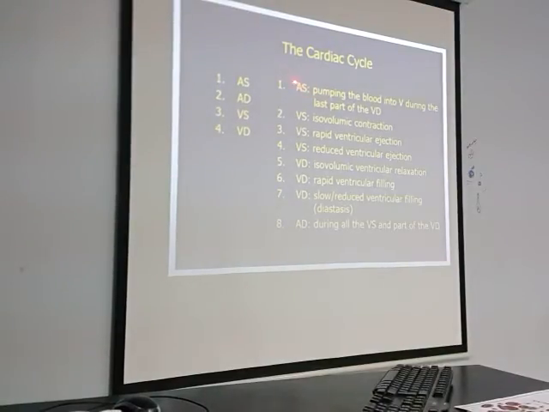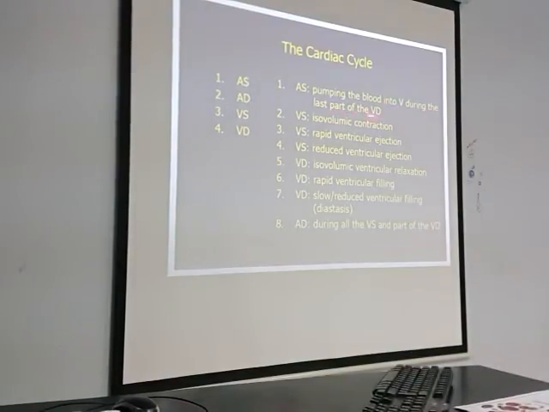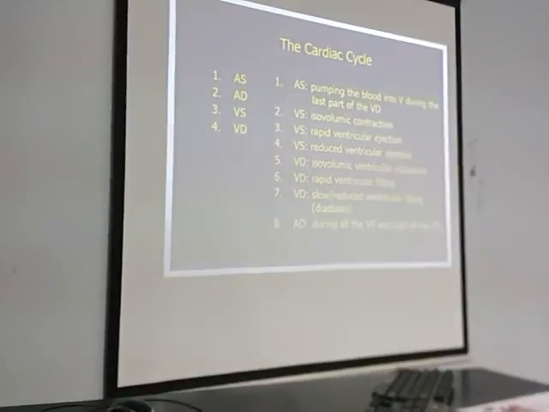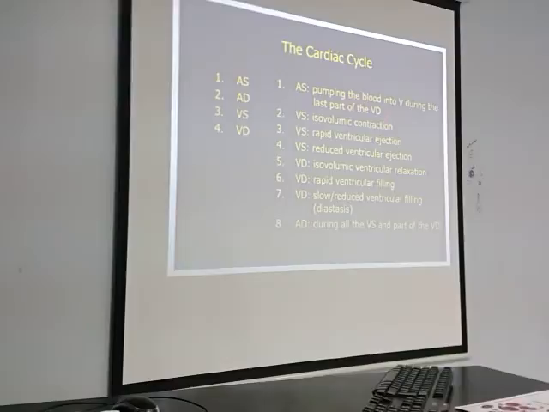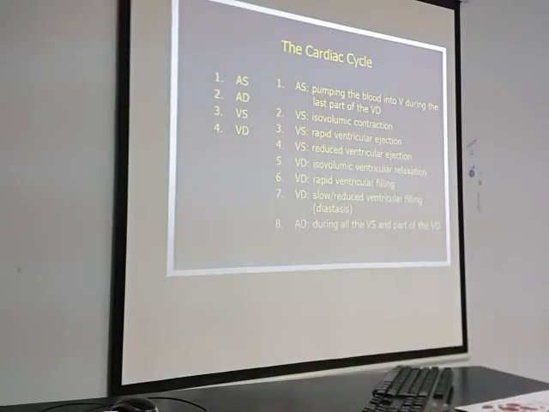What does atrial systole do? There is pumping of blood into the ventricles during the last part of the ventricular diastole. Just read this with me and we will understand this as we go on. What do you mean by last part and why last part? What about the beginning part? Ventricular systole is divisible into 3. First one, isovolumic contraction.